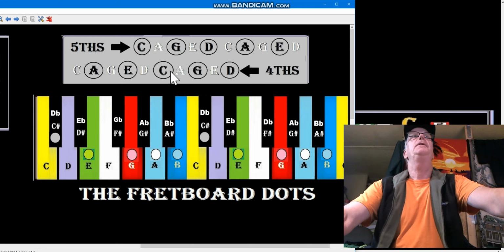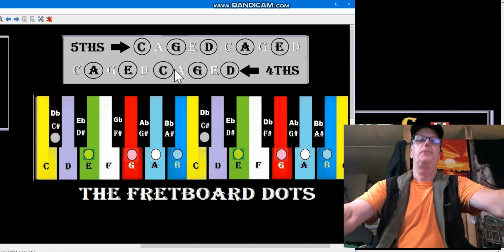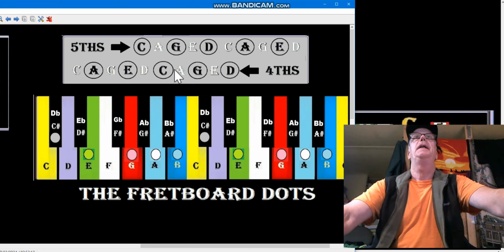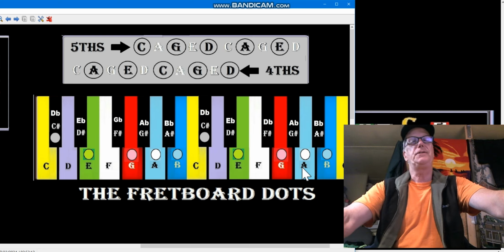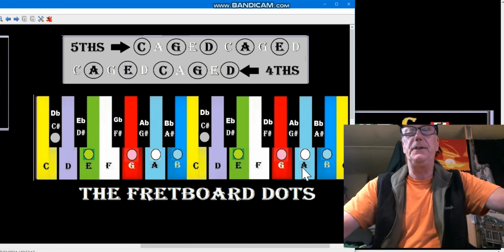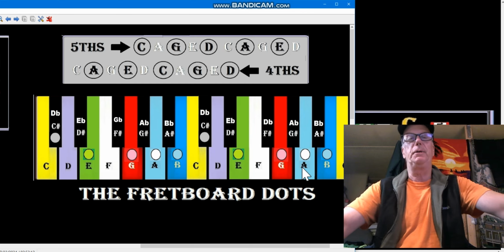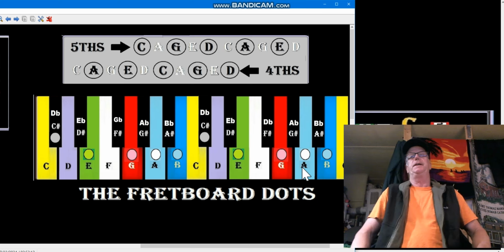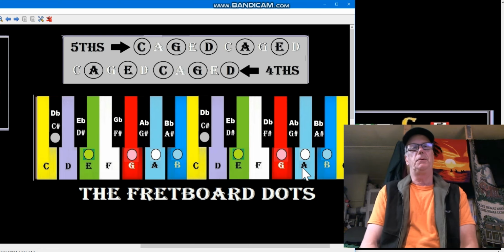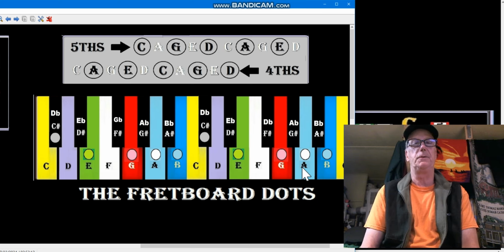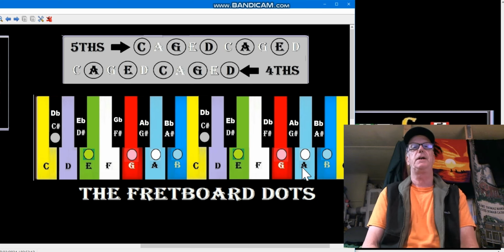This is just a preview of the second part of this lesson if we get there, and that is the dots. I've revisited the dots. I was talking to a fella who considered himself a guitar monkey. I guess that means he just learns everything from other people, but he says he taught himself.